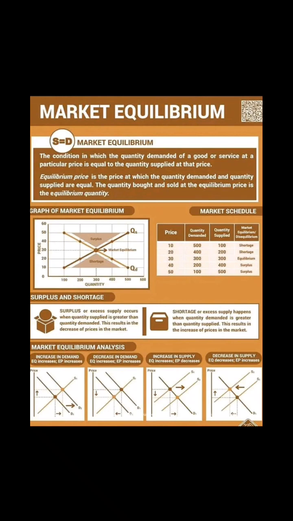And the last one, decrease in supply. This decrease in supply means the equilibrium quantity decreases, will go downward, and then the supply curve will shift inward. Meanwhile, the price from the initial point will increase.